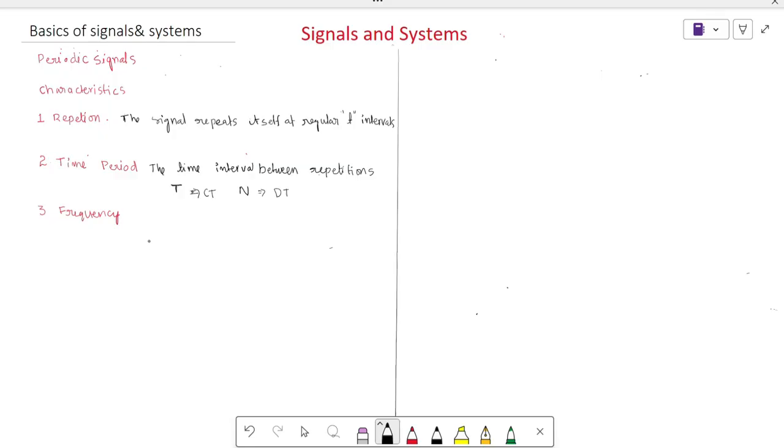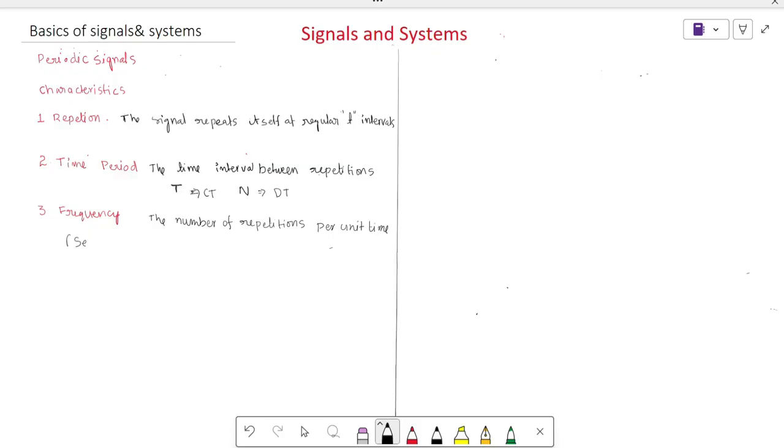The frequency, the number of repetitions per unit time is nothing but frequency. Here the unit time is nothing but second. Okay, so the unit time is nothing but what?